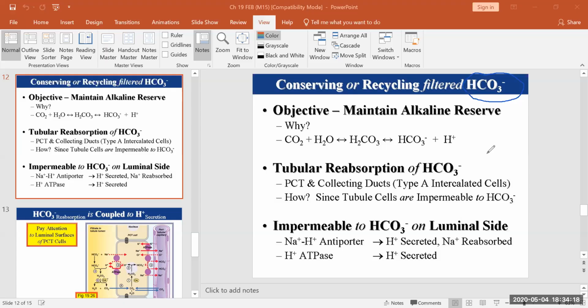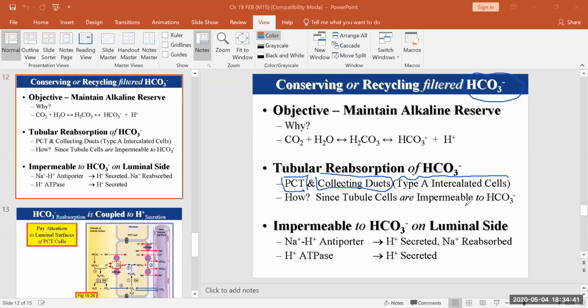Okay. So to maintain that alkaline reserve, it can be done by the proximal convoluted tubule. It can be done at the collecting duct. And if it's at the collecting duct, then it's the type A intercalated cells of the collecting duct.